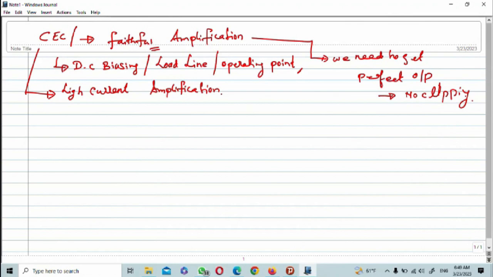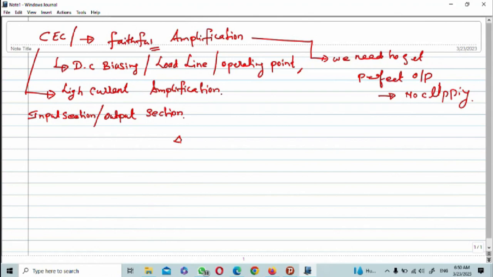Okay, for example, in DC biasing, load line and operating points, there are two different ways possible to identify them. One is from the input section, another one is from the output section. From the input section, I am going to draw the DC load line.